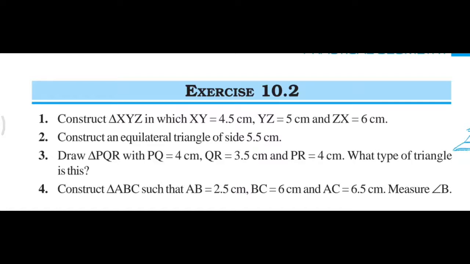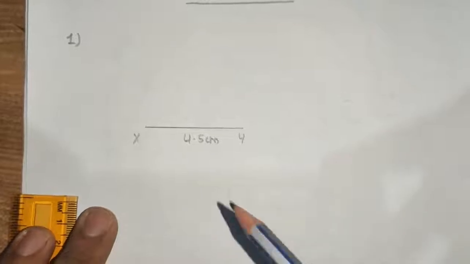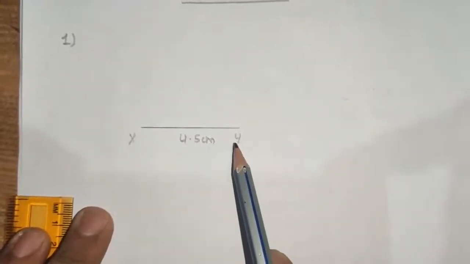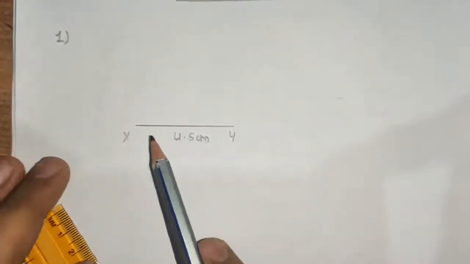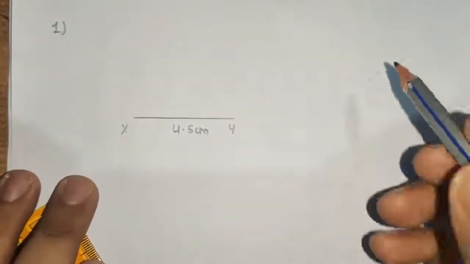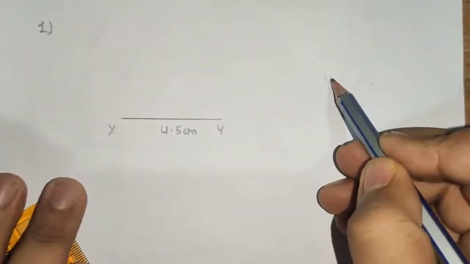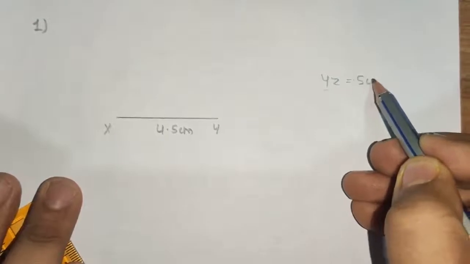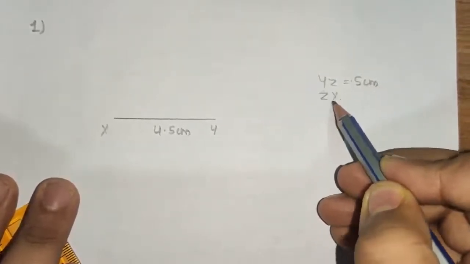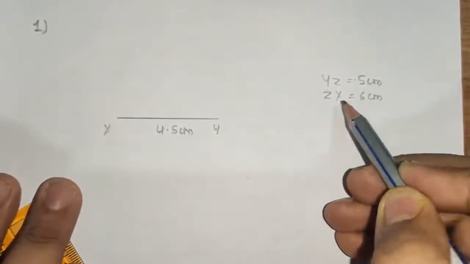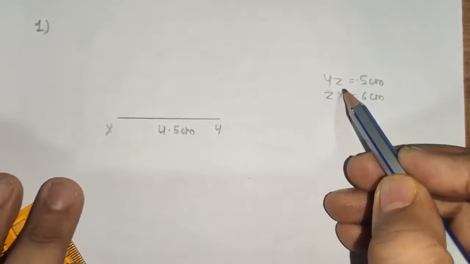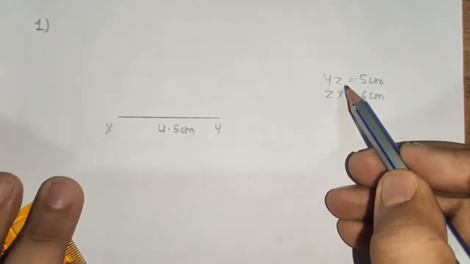Now let's draw this. Here you can see XY 4.5 centimeter. First of all, we will draw using ruler. And after that, it is given YZ is equal to 5 centimeter and ZX equals to 6 centimeter. So first of all, understand from where we are required to make arcs.